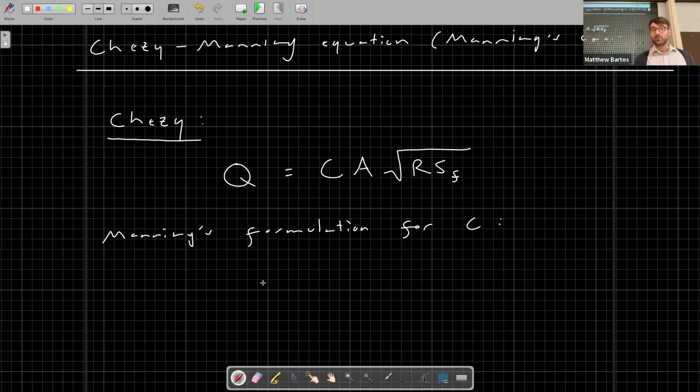So Manning specified from the statistical average of a bunch of studies that this C coefficient can be described well by the following expression. Okay, so we have a coefficient phi, I'll call it phi CM for phi Chezy-Manning, divided by a parameter n that characterizes the roughness, all times the hydraulic radius to the 1/6 power.